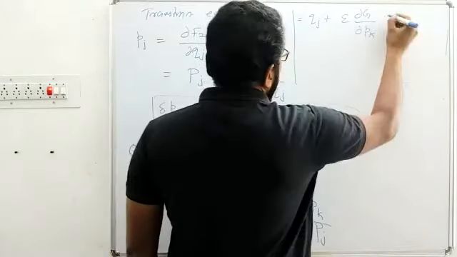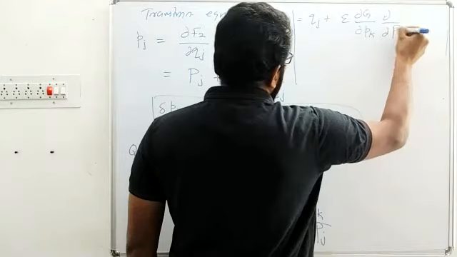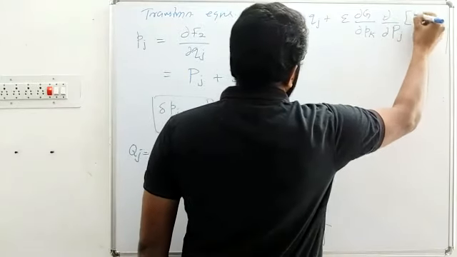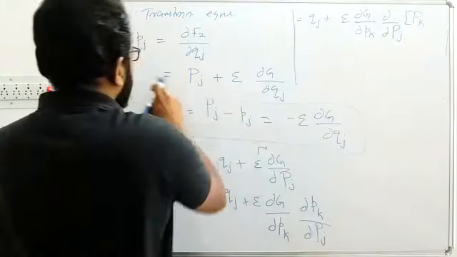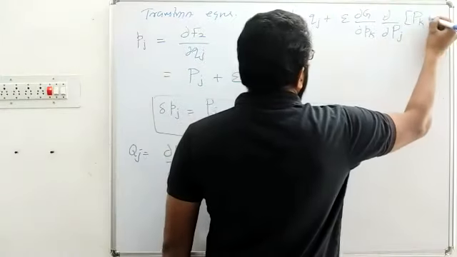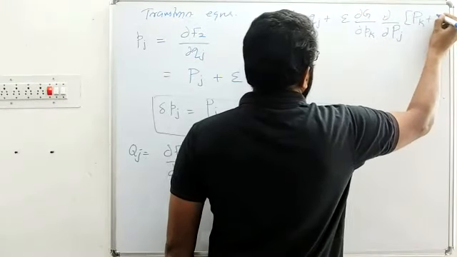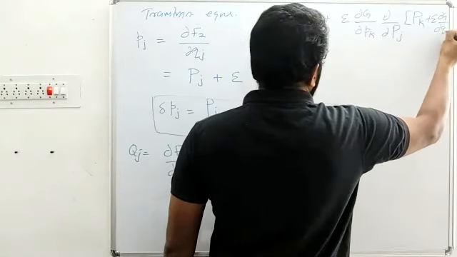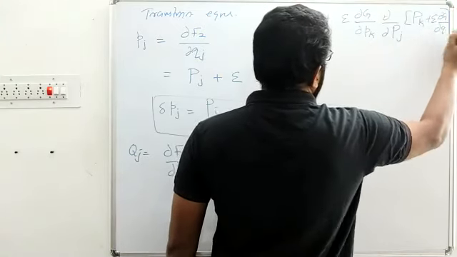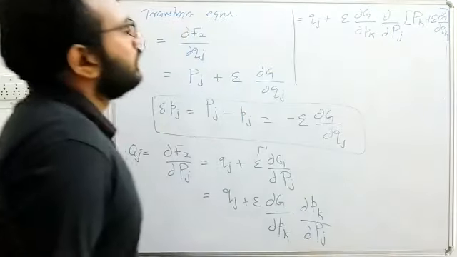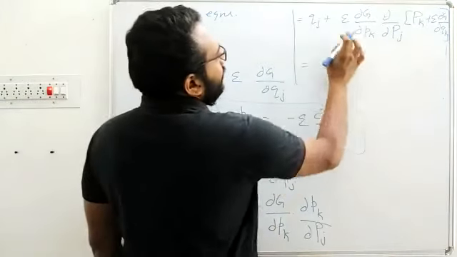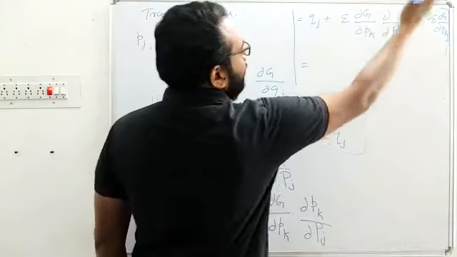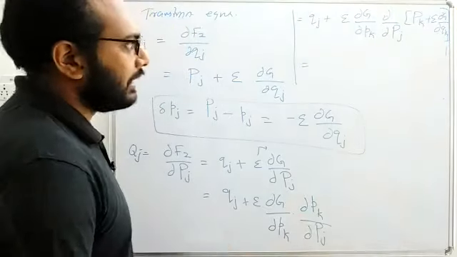Here we have ∂/∂pj of capital Pk, plus epsilon ∂G/∂qk. So you see that the second term introduces a term which is of the order of epsilon squared. You can neglect it.